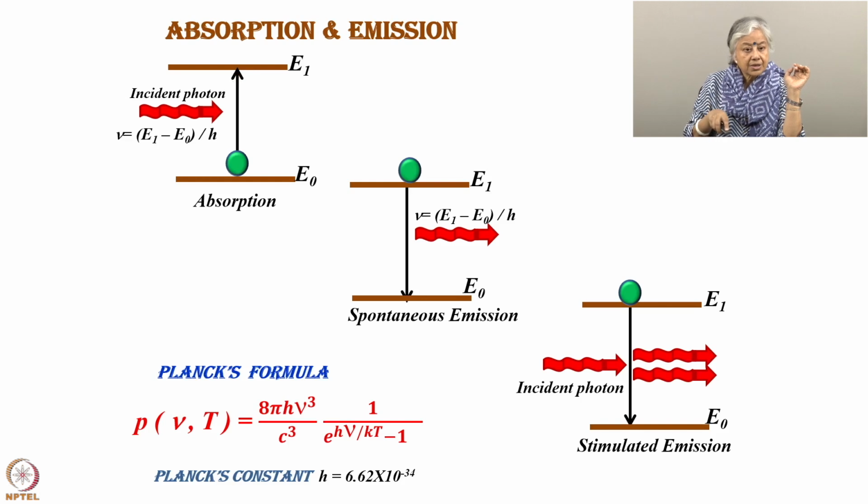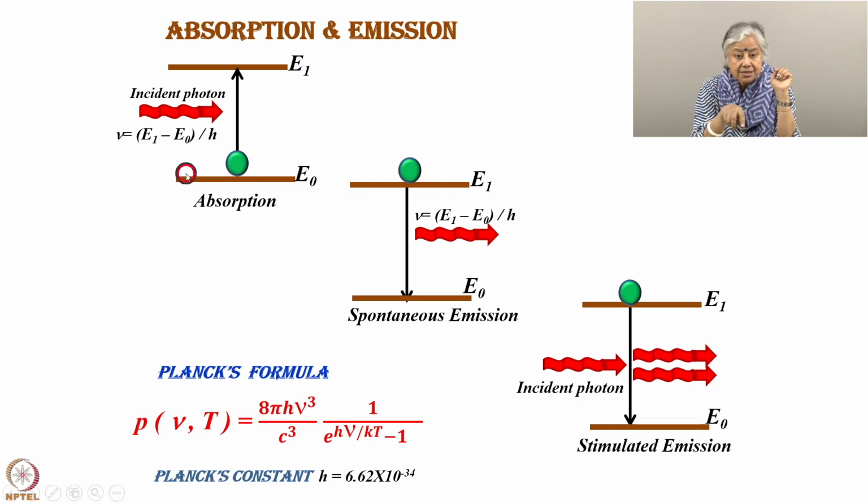Here is the incident photon. Now, this incident photon should have a frequency which is equal to (E1 minus E0) divided by h. That is because remember we had seen before E is equal to h nu. So, here h nu is equal to E1 minus E0. So, the photon should have exactly the energy difference between E1 and E0, then only this particle will go up to the higher level, which is the E1 state.